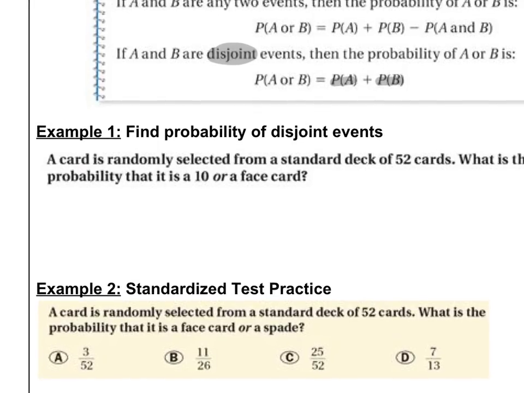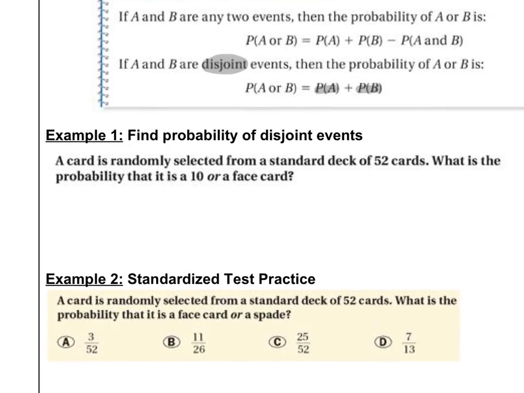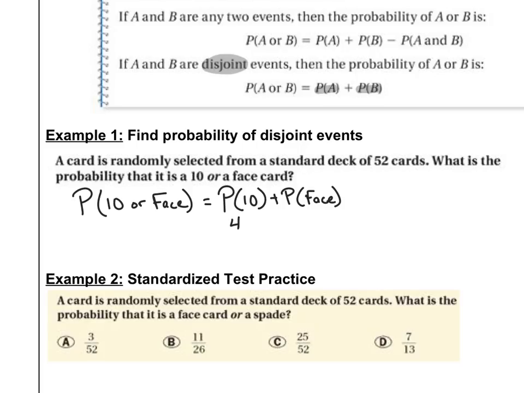So the very first one: a card is randomly selected from a standard deck of 52 cards. What is the probability that it is a 10 or a face card? So if we're writing this out, we're doing the probability of 10 or face. We are going to be using the second formula up there, where we just take the probability of getting a 10 and add it to the probability of getting a face card. There are 4 10s in a deck out of 52 cards.